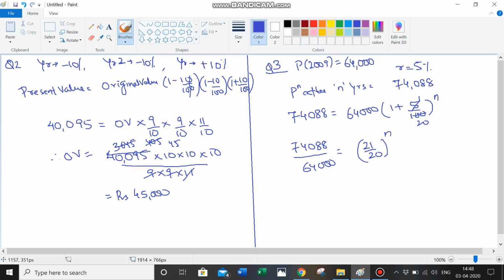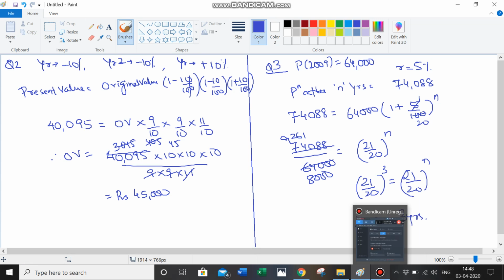Let's divide by 8. So this is 8,000 and this is 9261. I know 9261 is 21 cube and 8,000 is 20 cube. So this is equal to (21 upon 20) raised to the power n. Therefore, n is equal to 3 years. So after 3 years, the population will change to 74,088.